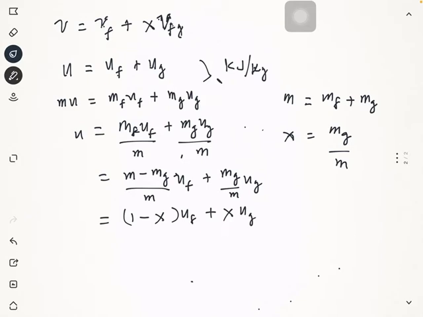Therefore we can write the internal energy u as uf plus x times (ug minus uf), and therefore we can write this as uf plus x ufg, where ufg is ug minus uf.